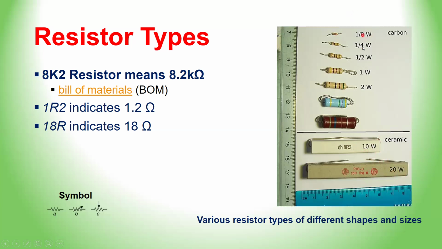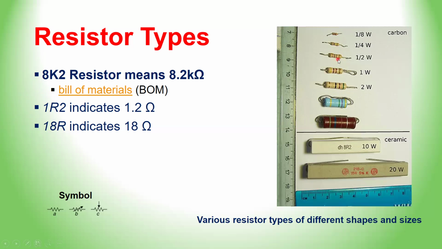Now, what is the power rating that I said? Quarter watt, half watt, 1 watt specify the maximum power. When current flows through the resistor, heat is generated in the material the resistor is made of, and I squared R is the heat dissipated in the resistor, where I is the current and R is the value of the resistance.